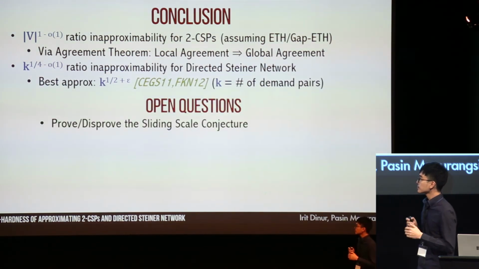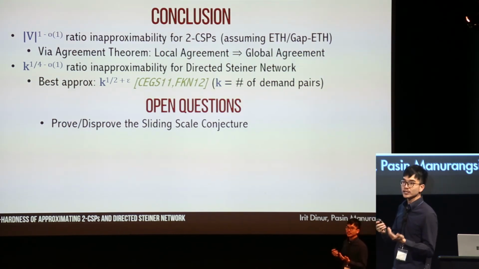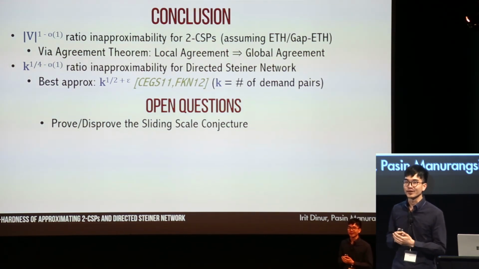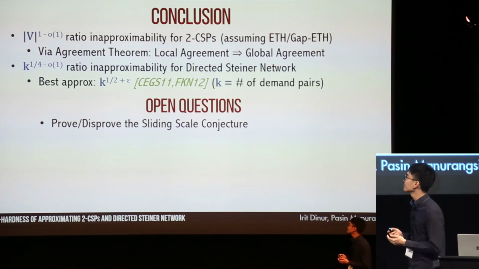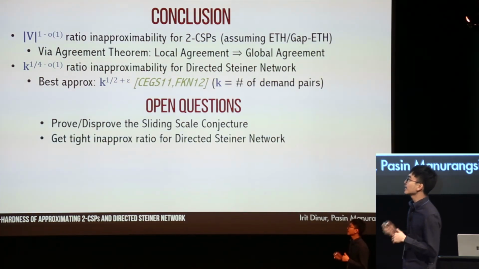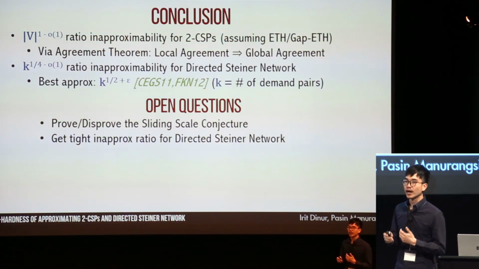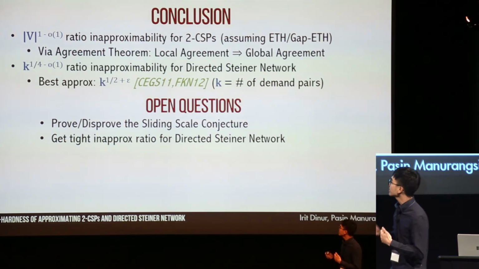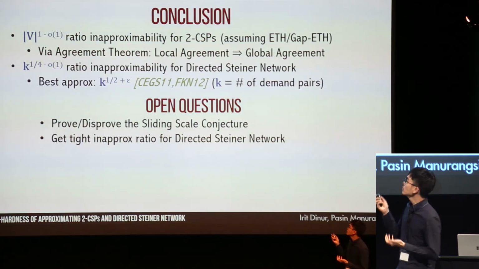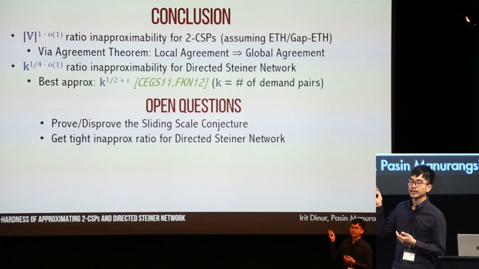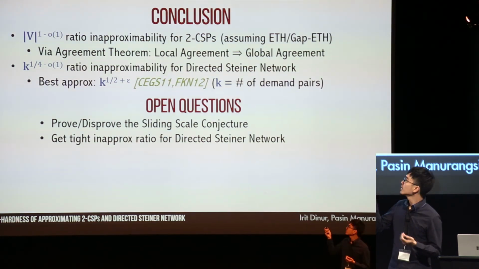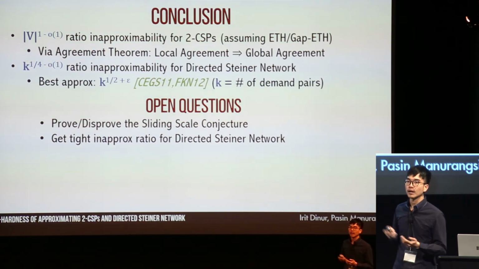And a few open questions. Of course, the sliding scale conjecture is still open, so please try to prove or disprove it. Another question that I think is very tractable is trying to close the gap in the directed Steiner network, pushing the 1/4 to 1/2.